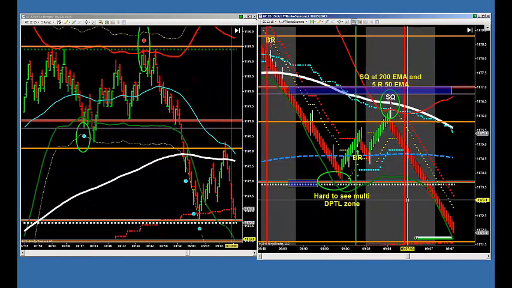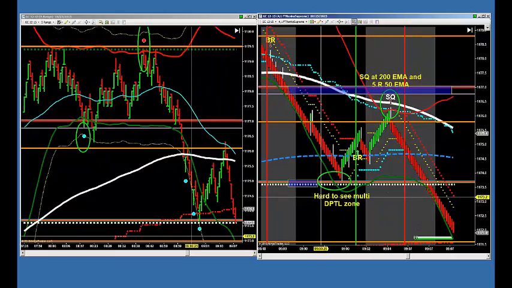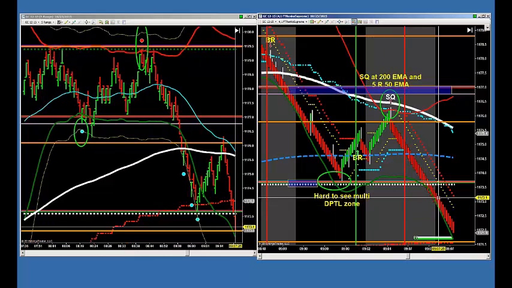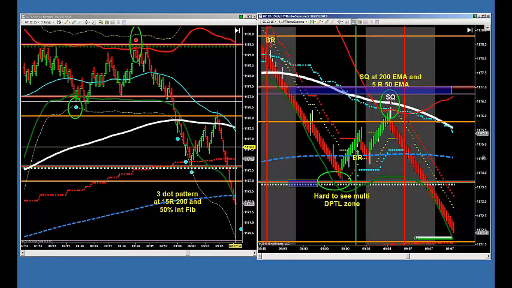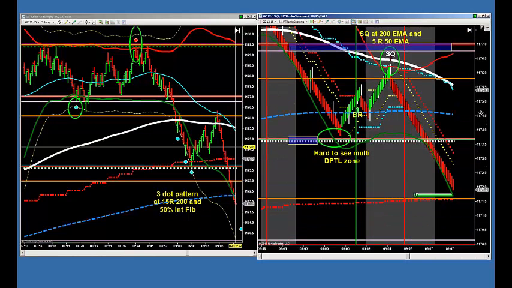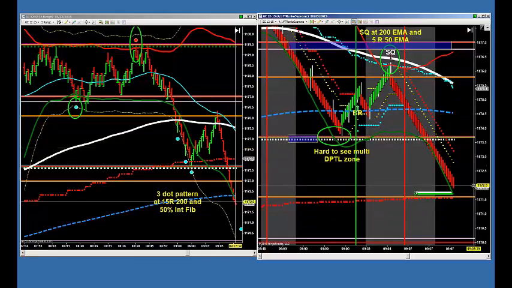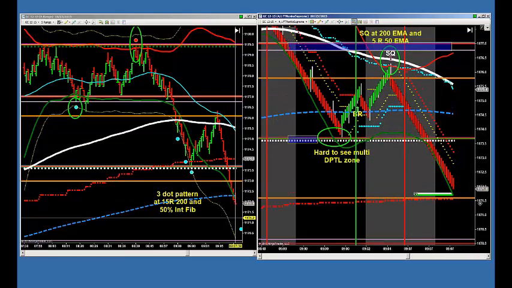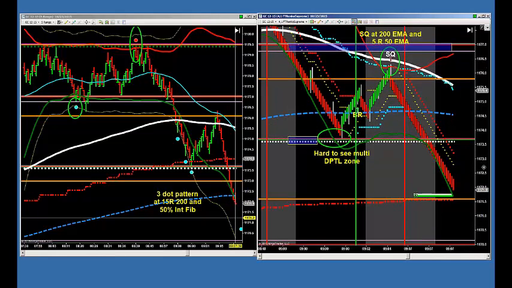One of the things I wanted to do here, I made a little note to myself: hard to see multiple DPTL zone. You see this little tiny thing here. Periodically I'll see these, and I will take the time to center it, pull the control key, and just what I'm doing here is I want to spread this out.